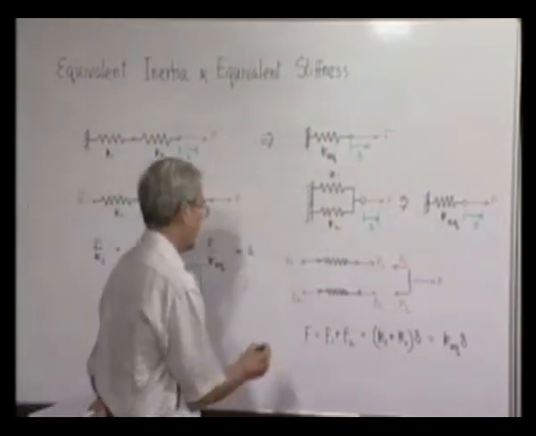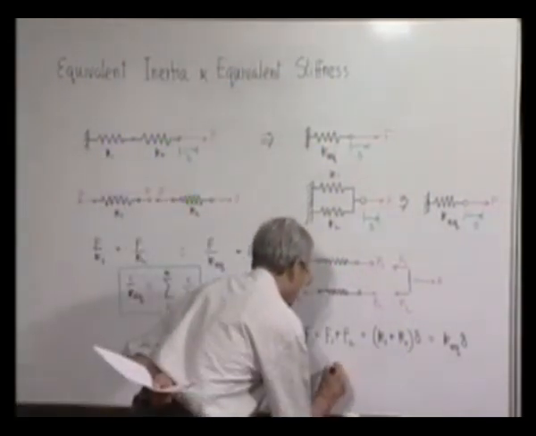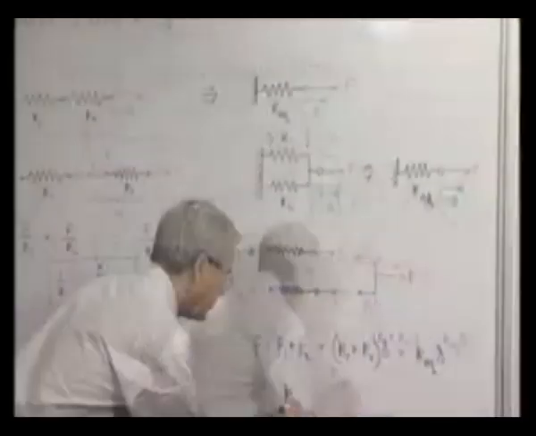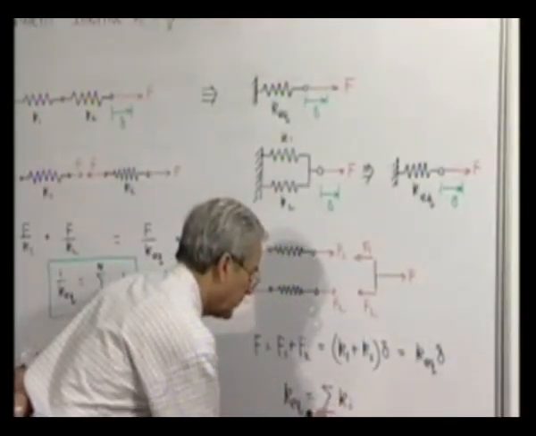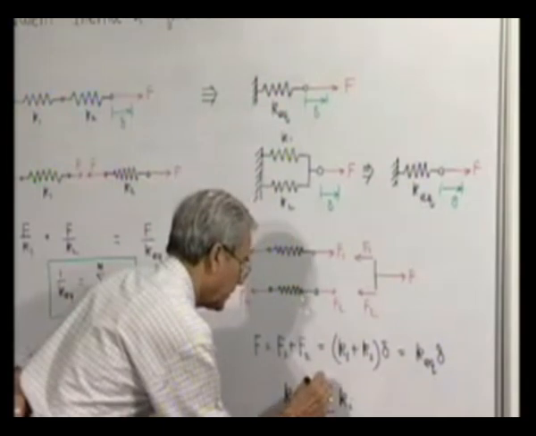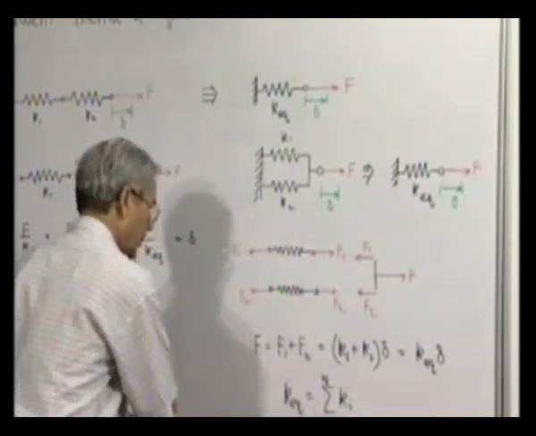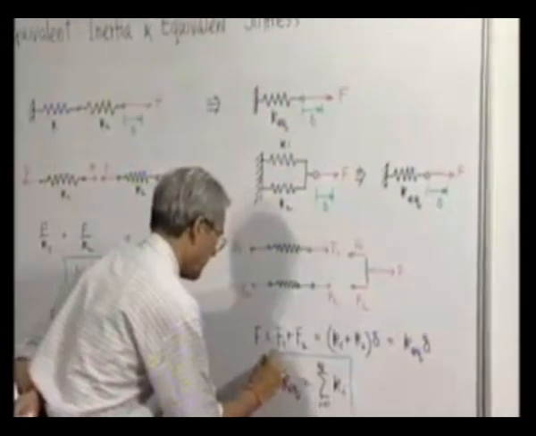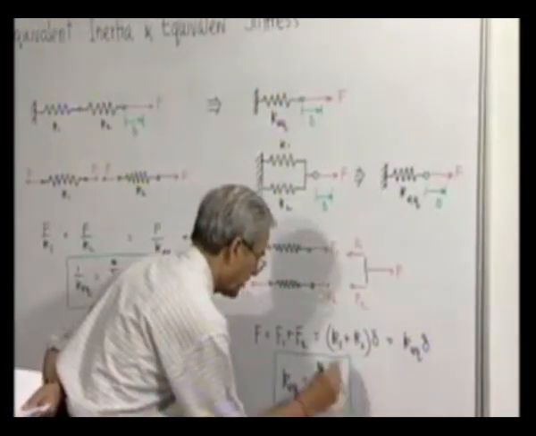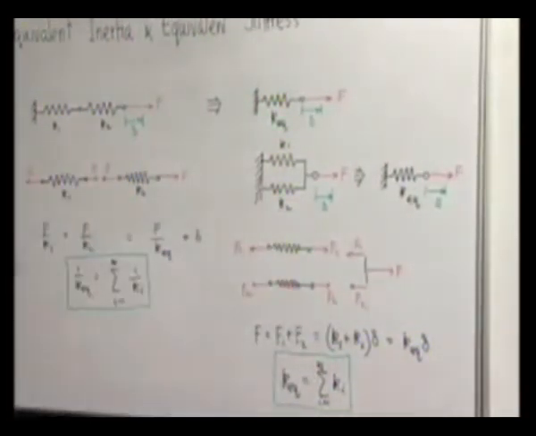So therefore, when the springs are in parallel, K equivalent is nothing but the sum total of the stiffnesses. So this is the basic rule.